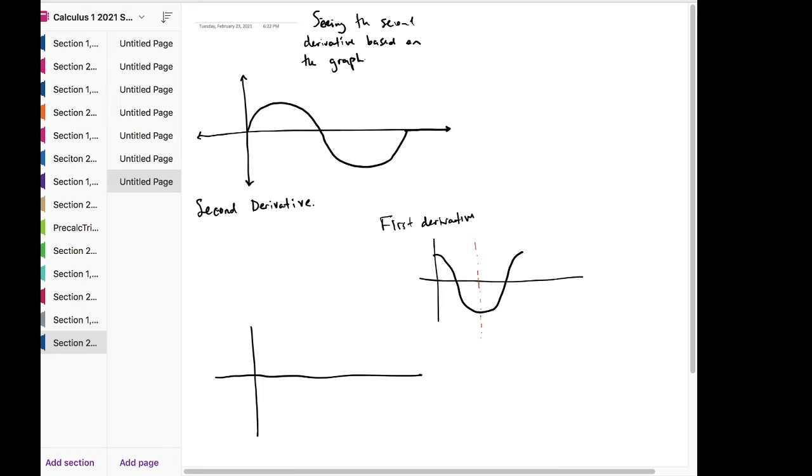Derivative of the derivative. Like if you draw tangent lines, is it positive or negative? It's negative, yeah. Now to the right of the line, is it positive or negative? It's positive. So that tells you that in the derivative, and that's why we have this shape here.